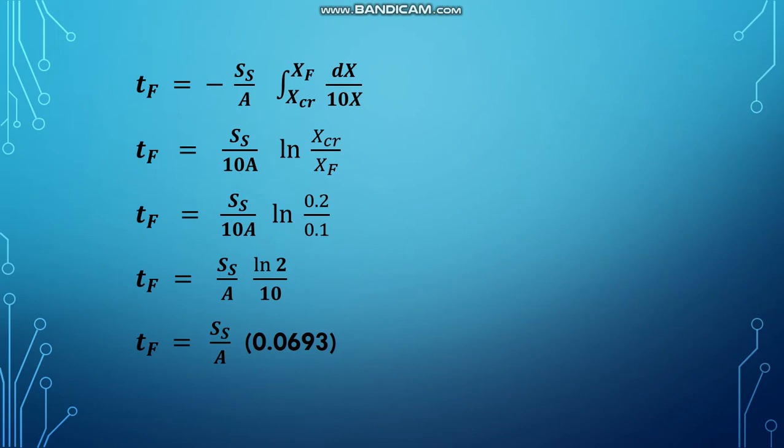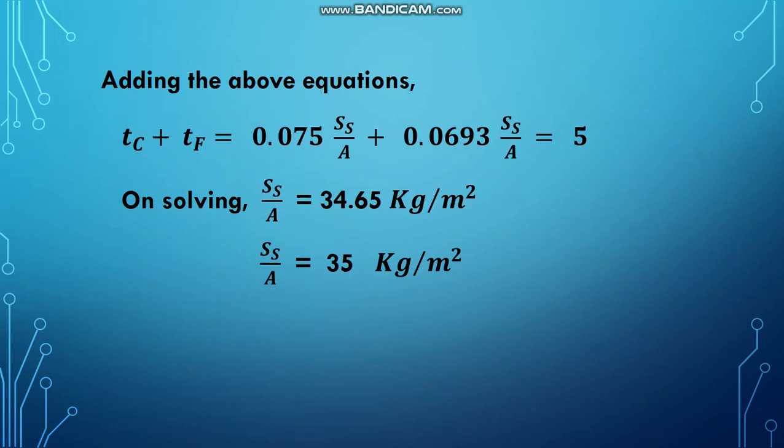Integrating this equation, we get Tf equal to minus Ss by A integral from Xcr to Xf of dx by 10x, which is equal to Ss by 10A ln Xcr by Xf. Substituting the terms, Tf is equal to Ss by 10A ln 0.2 by 0.1. Solving this equation, we get Tf equal to Ss by A into 0.0693.